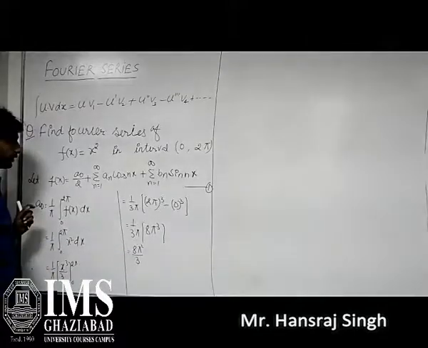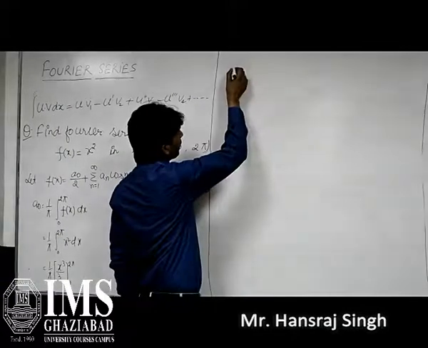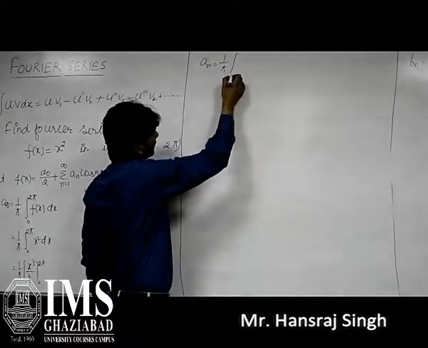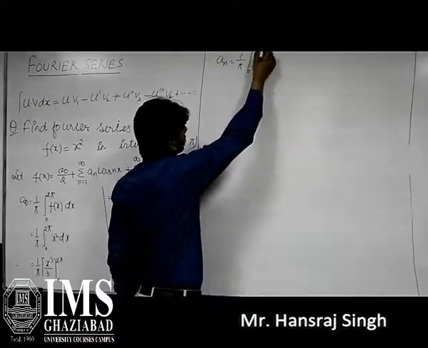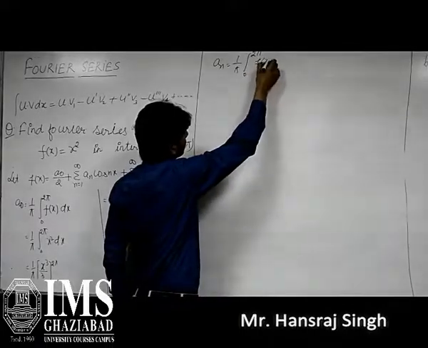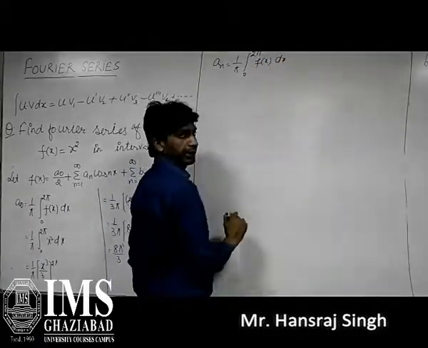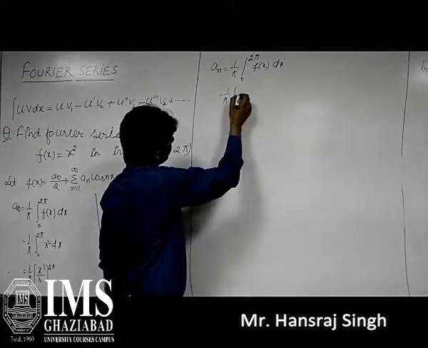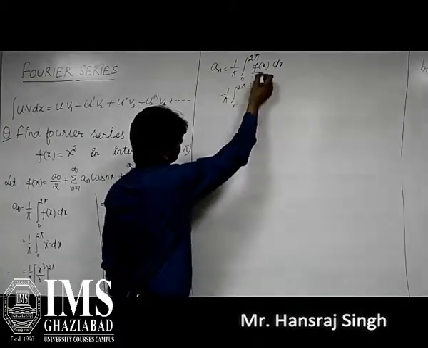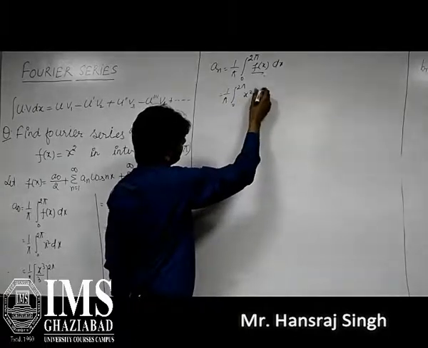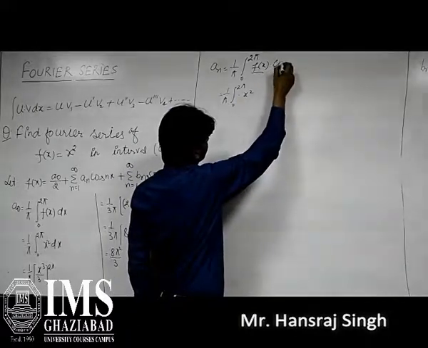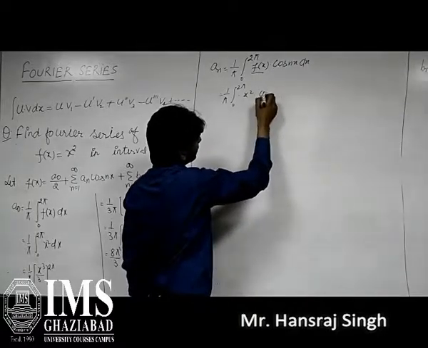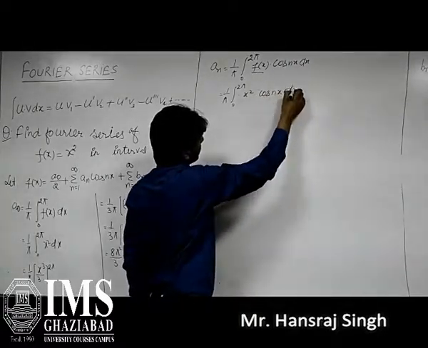Similarly, we can also find aₙ. So students, the formula of aₙ is equal to 1/π, from 0 to 2π, f(x) dx. So here we put the given function f(x), that is x², times cos nx dx.